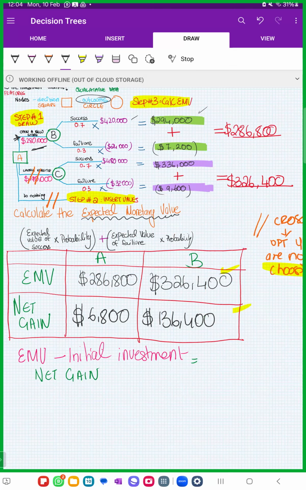You can note this down, and I'm about to give you a decision tree to make. Okay.